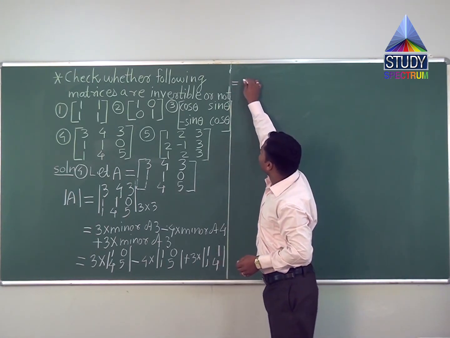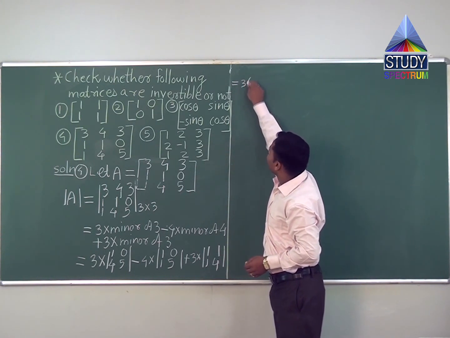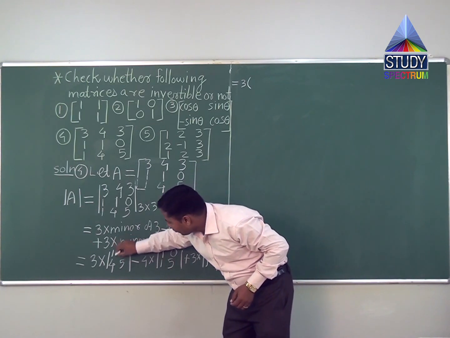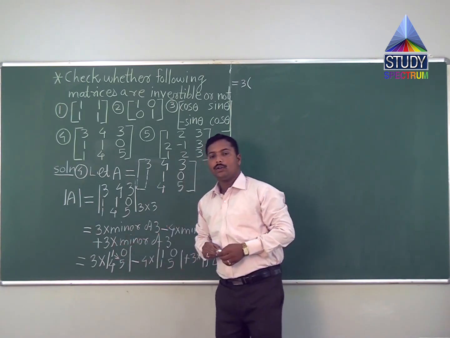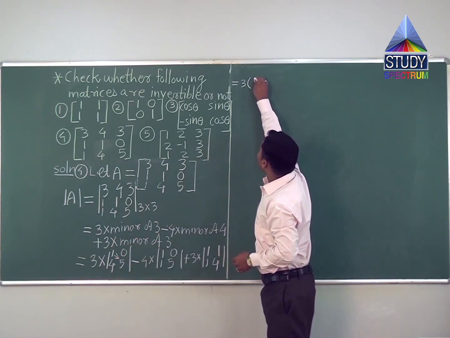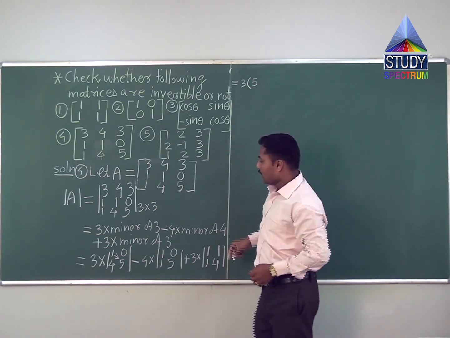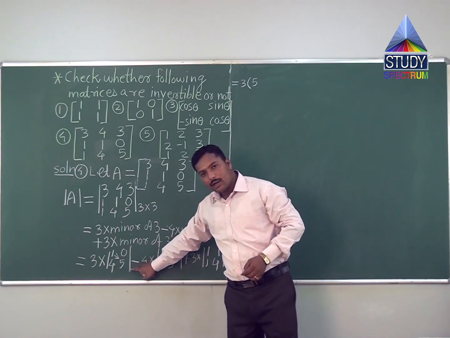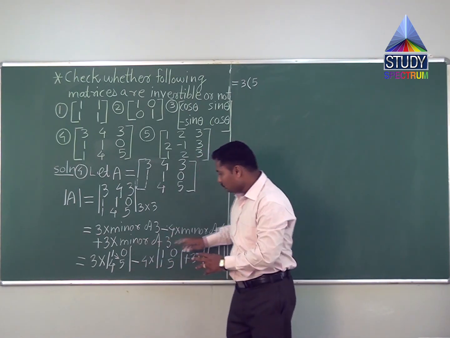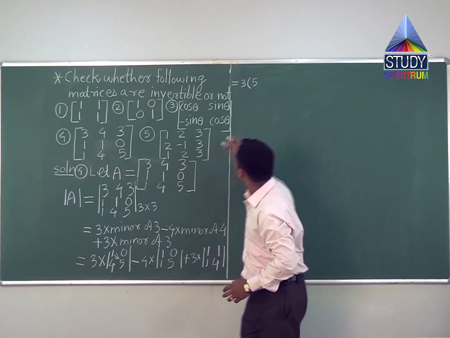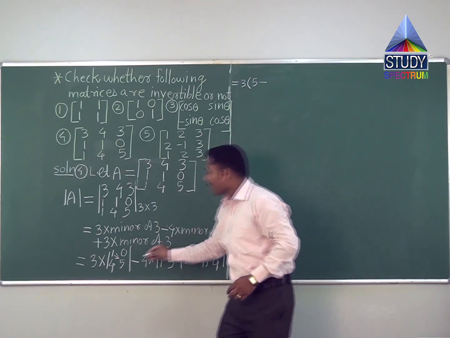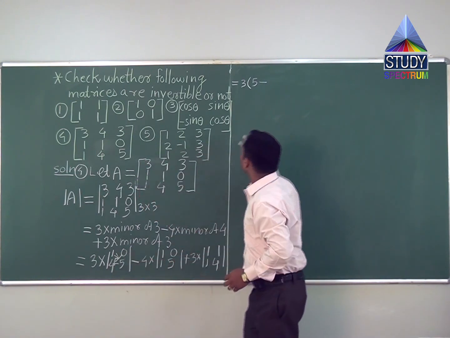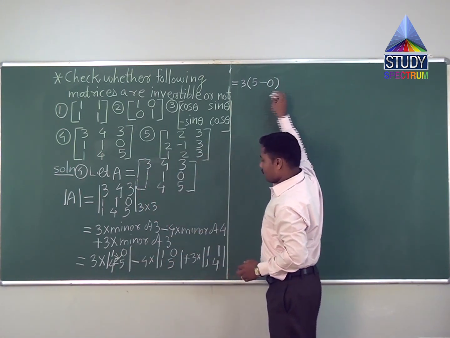So equal to 3 into bracket, what? 1 into 5. All these determinants are second order, so we only use the idea: 1 into 5 minus this number into this number, means 0 into 4, 0.